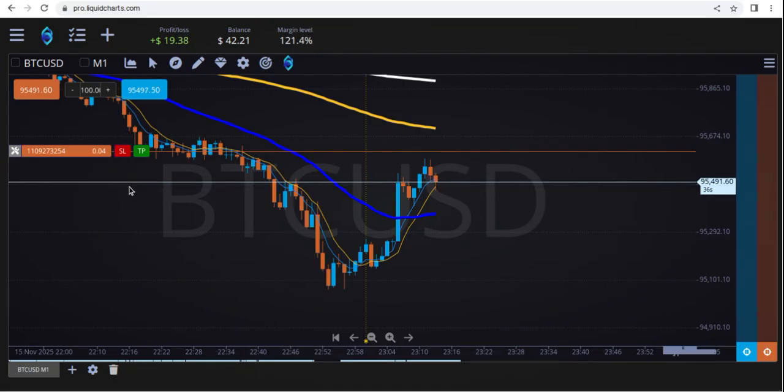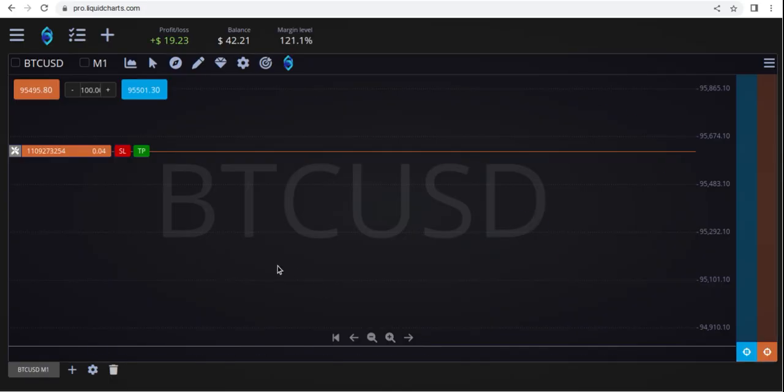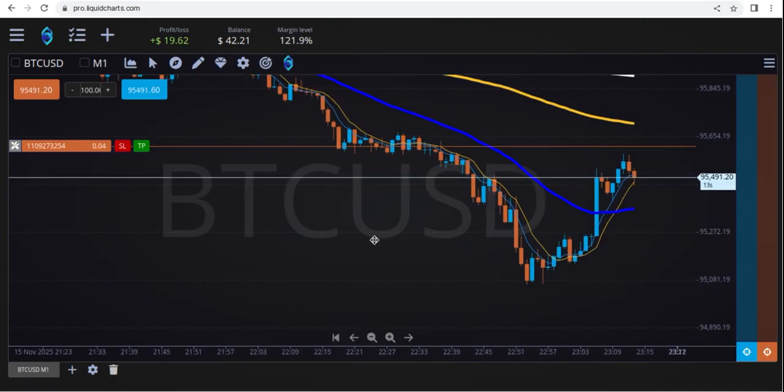Okay, so let me do this. I'm about to reset this real quick. I'm doing this for a reason. So remember, it told me to take a sell on that 1 hour chart, and I'm just trying to show you how my alerts react to any time frame, though I recommend a higher time frame.